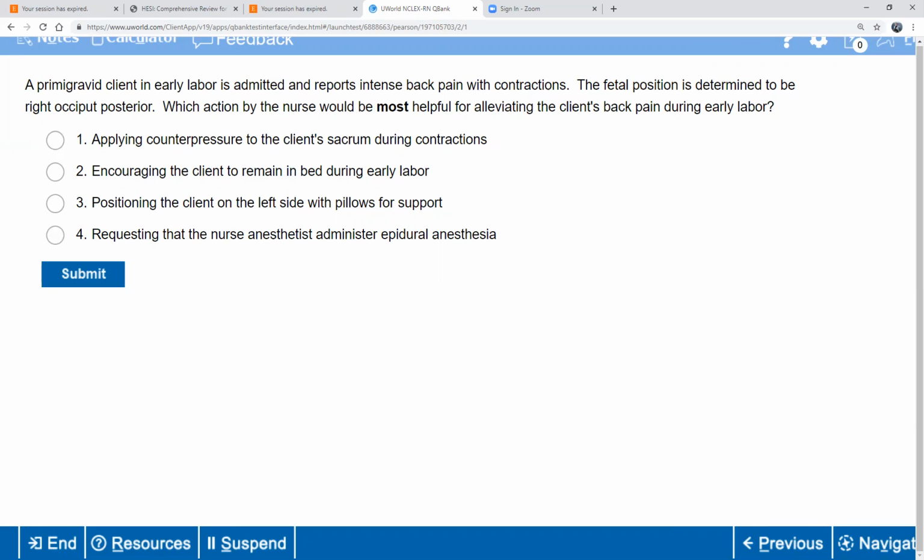Okay, pick one, Miss Sue. What would you pick, Miss Sue? I'm not sure that the positioning is going to help because of where the baby's lying.